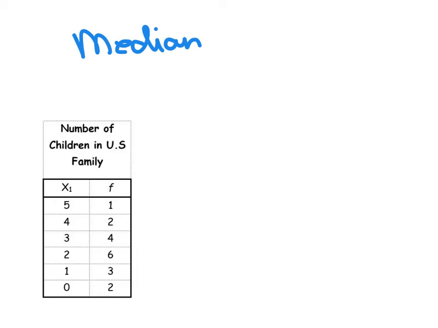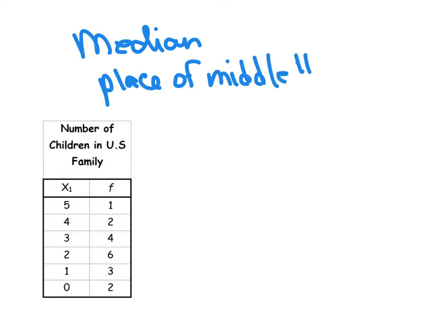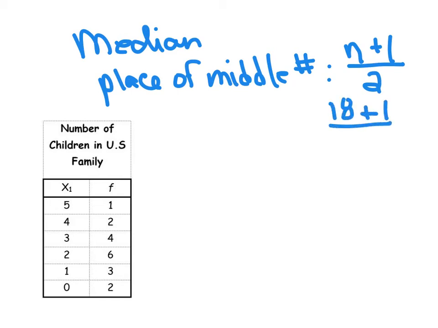And to find the placement of the middle number, you're going to use its sample size, right, plus 1 divided by 2. So what that does is find the exact position in the middle that you would count. So in this case, it's going to be 18, because remember our sample size is 18, plus 1 divided by 2.